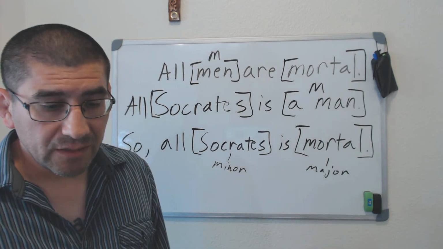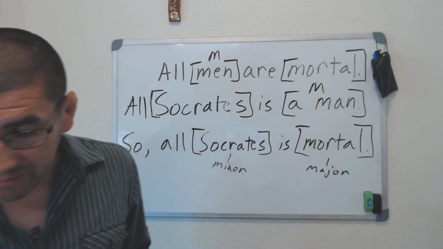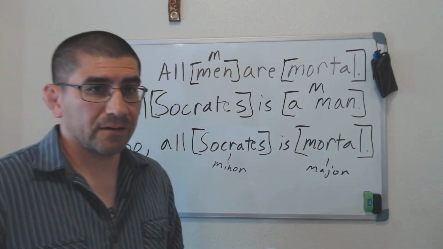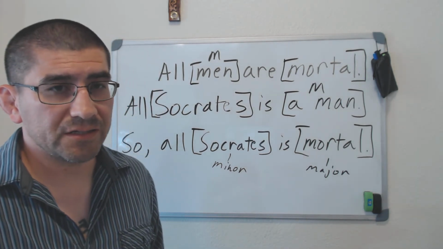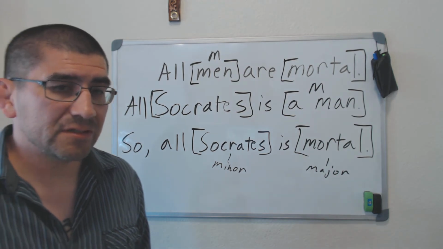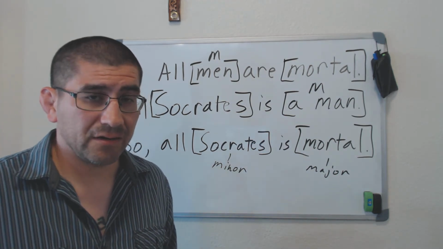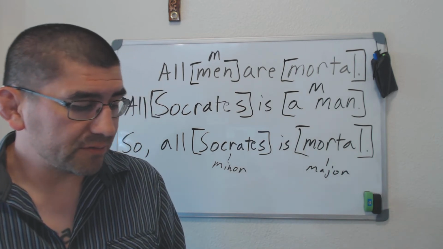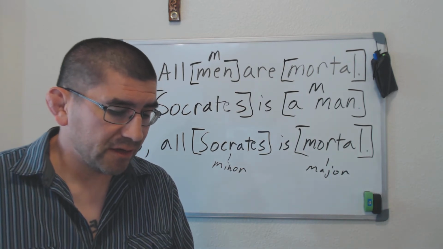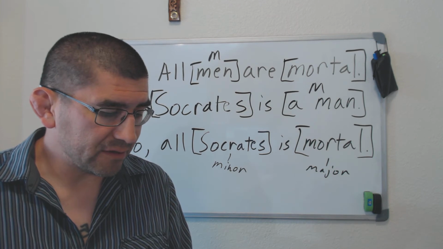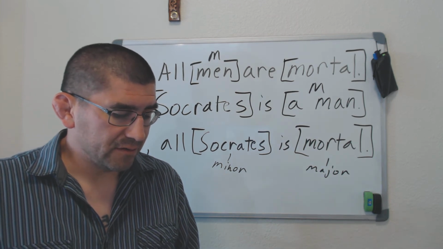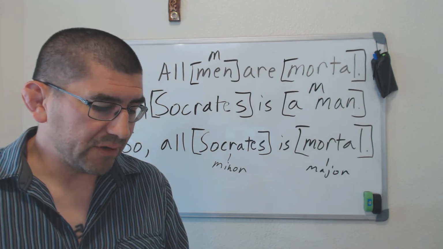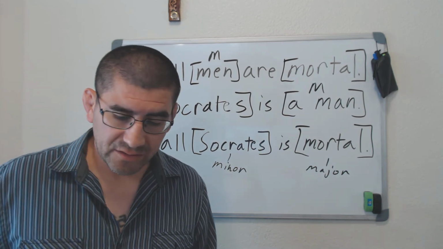Okay. Now, I'm just going to read this rule number 4 from Socratic logic, because I am going to state it a bit different than how it's stated in the book. Rule number 4 says that no term that is undistributed in the premise may be distributed in the conclusion. No term that is undistributed in the premise may be distributed in the conclusion.